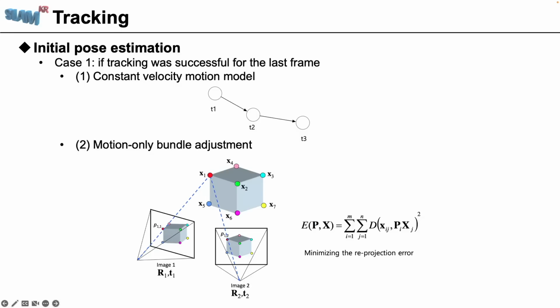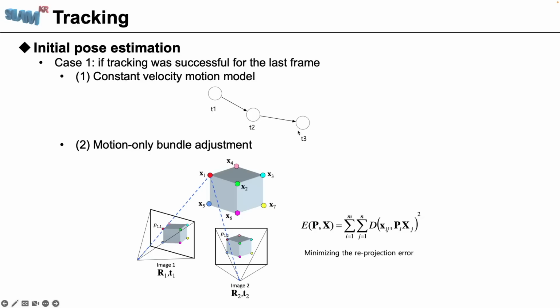And the initial pose estimation would be conducted in the first case. If the tracking was successful for the last frame, then we estimate the initial pose of the current frame by using the constant velocity model. That means the tracking was successful, so we can believe the velocity value from right before would be enough to estimate the next position of the camera pose initially.